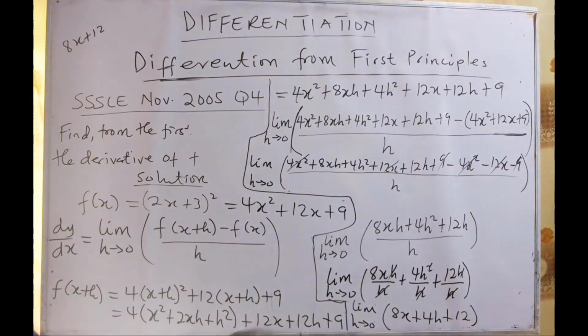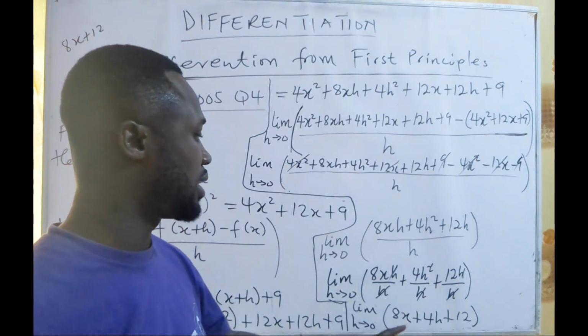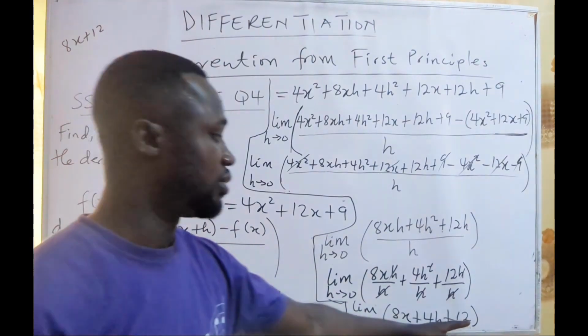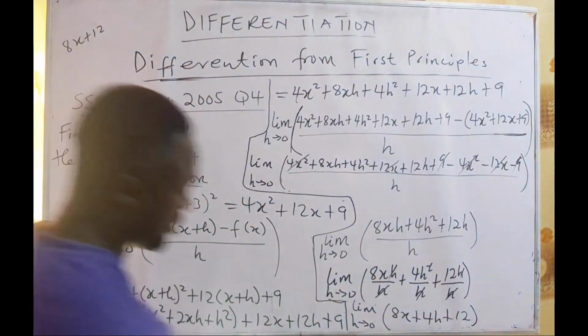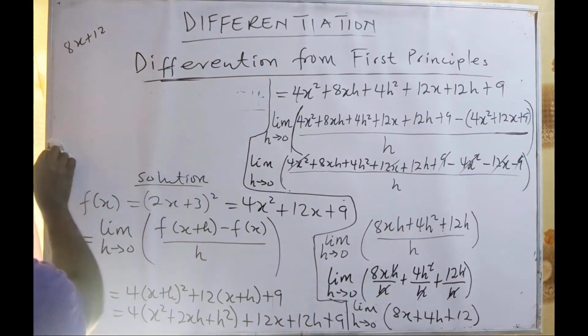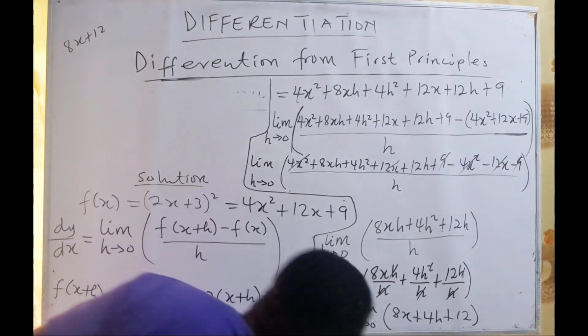So when we cancel out the h, we have 8s plus 4h plus 12. This is over number 1, so it will become the same thing. Okay, so let me continue at this side. We are almost there.